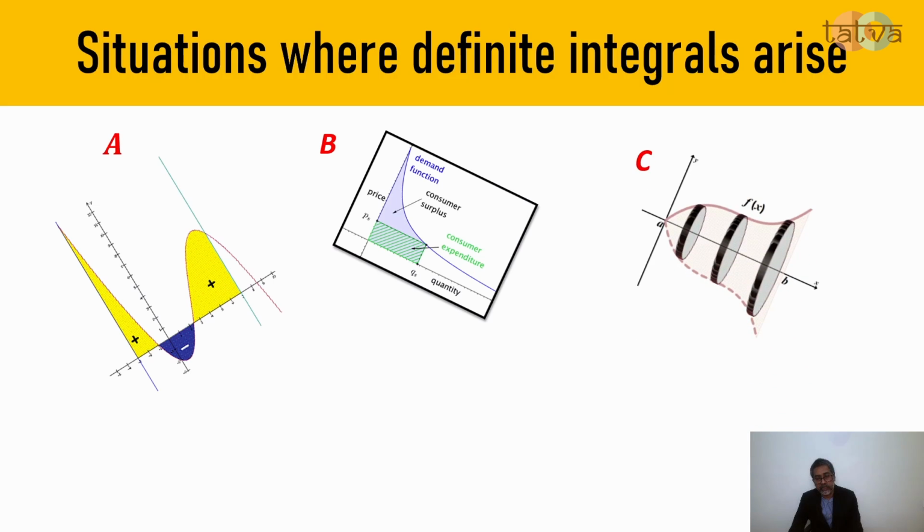and then this is an excellent example of how to use a definite integral for finding out the volume of a solid of revolution. And you can see those circular disks, which form part of the solid. We'll come to that concept later on. So what we have on the screen right now is an area example, and then we've got an economic model.